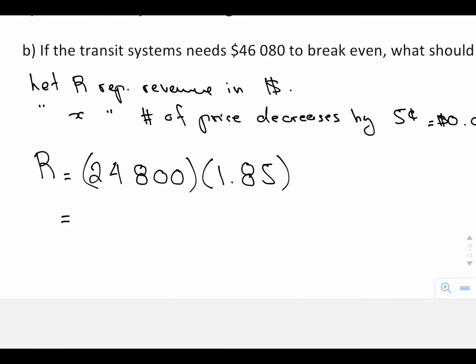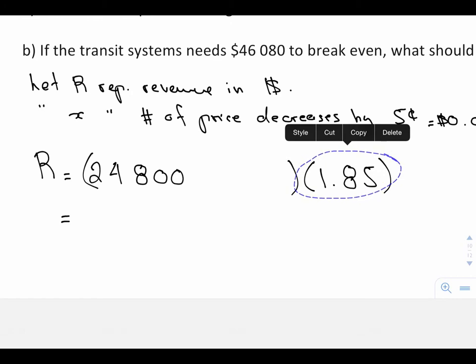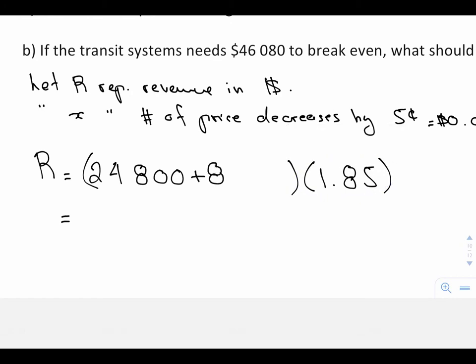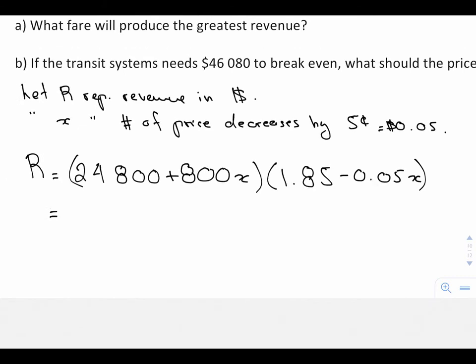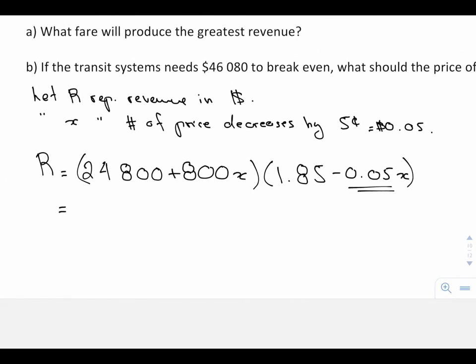I'm going to modify this equation because if I decrease the price, I add 800 times the number of decreases, and I have to subtract 0.05x from the fare. Again, for every decrease of 5 cents, I increase the ridership by 800.